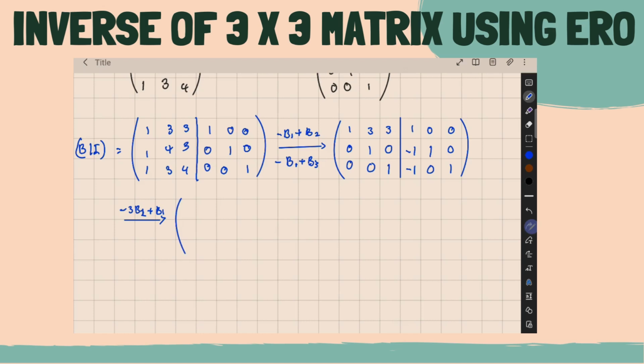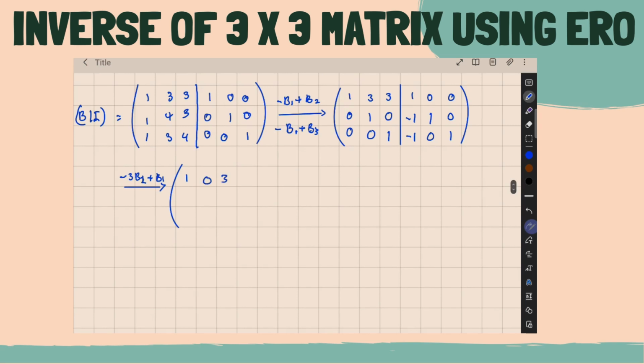So we'll get 1 here, we'll get 0 here, 3 times 0 is 0 plus 1, b1. The row that will change is only the first row, as we're trying to eliminate this, so the rest will remain the same.